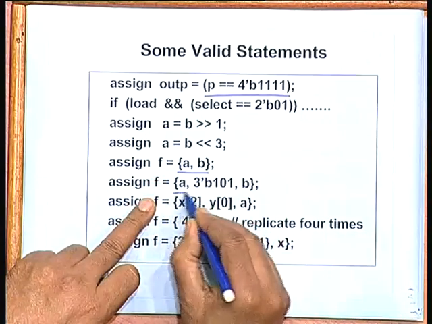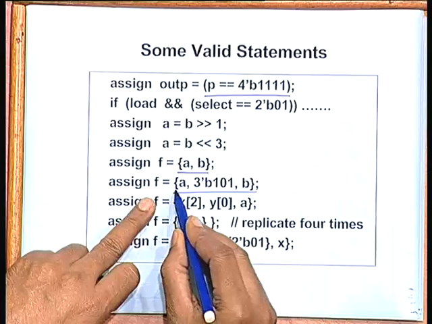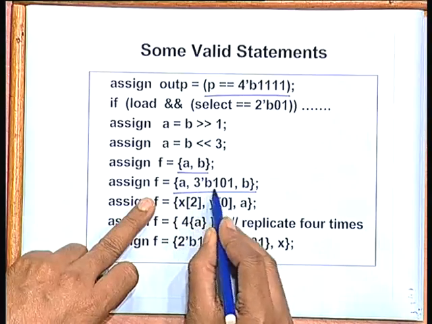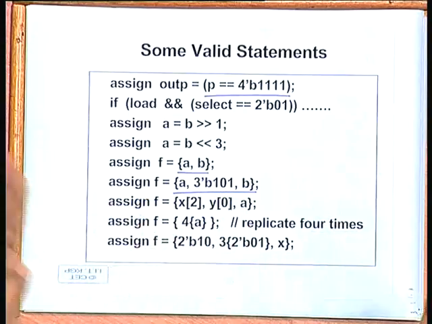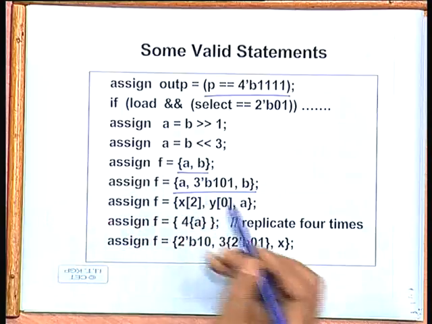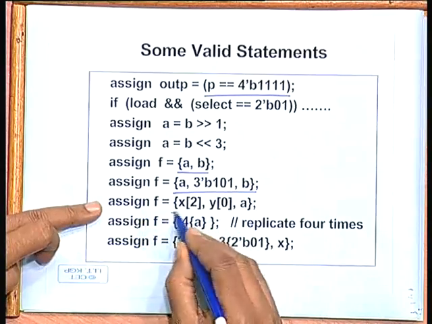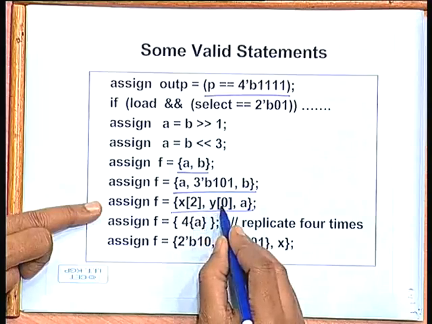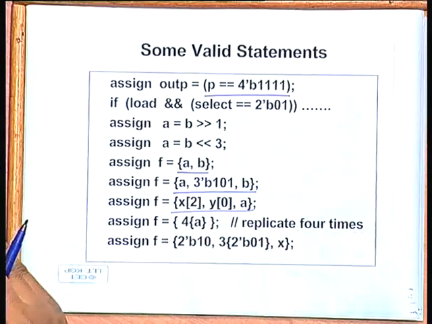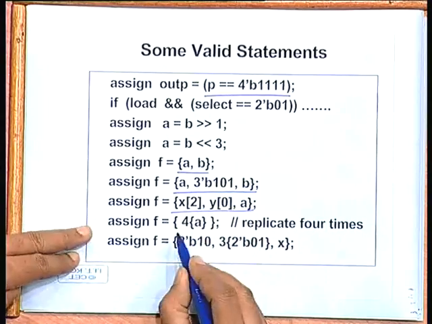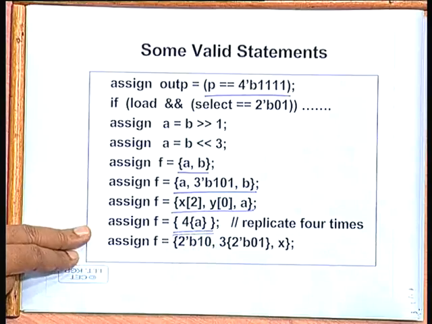Similarly, this is another concatenation, a followed by this 3-bit number 101, then b, whatever it is, that we assign to f. This is also concatenation, x2 this 1 bit, y0 another bit, and a, this you just assign. This is an example of replication.